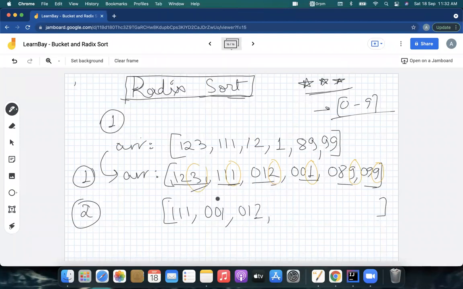What other elements did we have in this array? 3 1 2 1 9 9. Then 3 comes. What comes later? 0 8 9, 0 9 9. Now repeat it for the next least significant digit, which is the tens place.